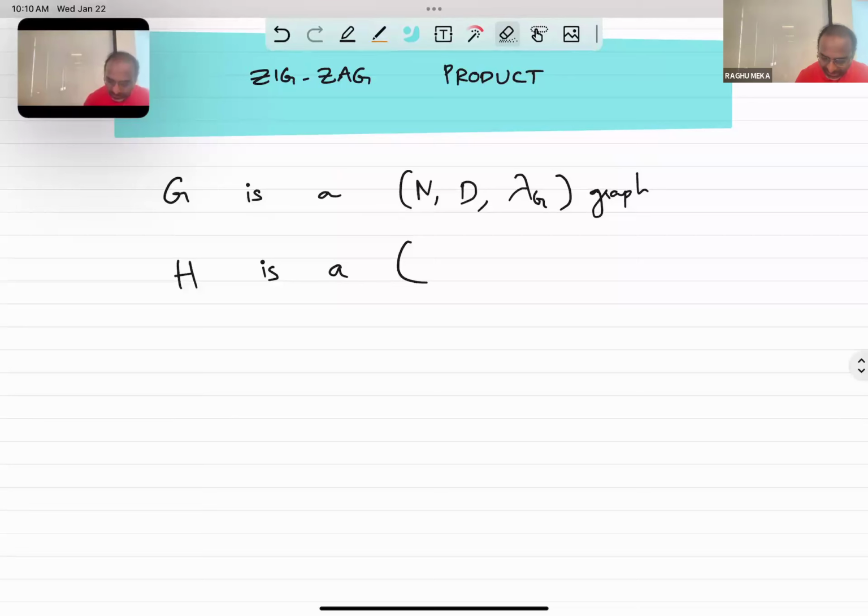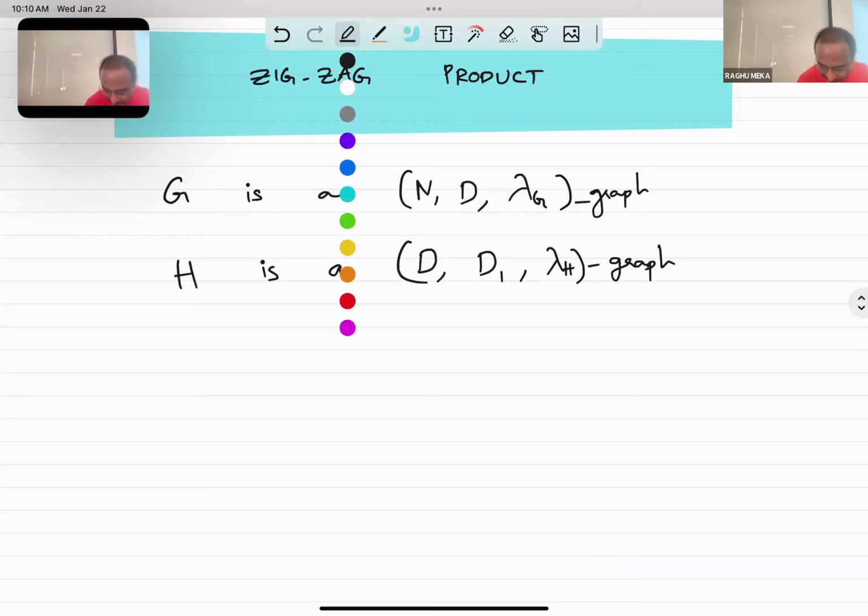So the number of vertices has to be the degree of the first graph. Just as for matrix multiplication, you need the columns to equal the rows, here you need the degree of the first graph to equal the number of vertices of the second graph, right?